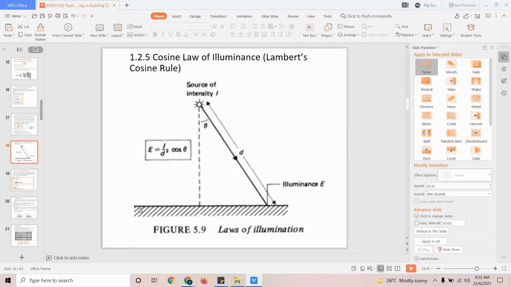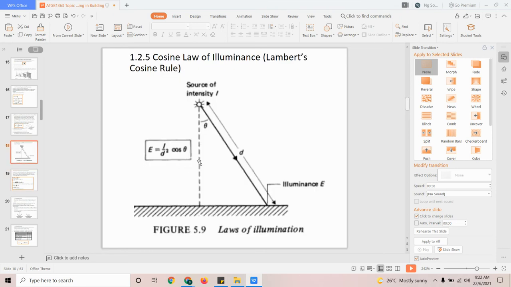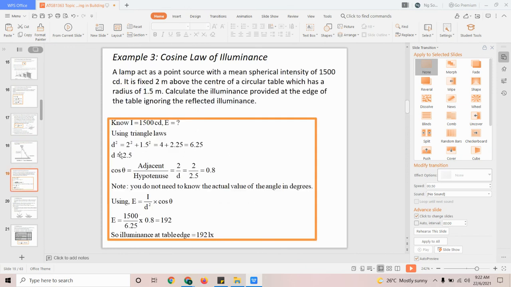But if it mentions diameter, which is the whole length across a circle, then you have to divide it by 2 to get your radius. Okay, so using the triangle law, A squared here and B squared here, you get a C squared here. This is how you get your D. If you work it out, you'll get that your D is actually 2.5.